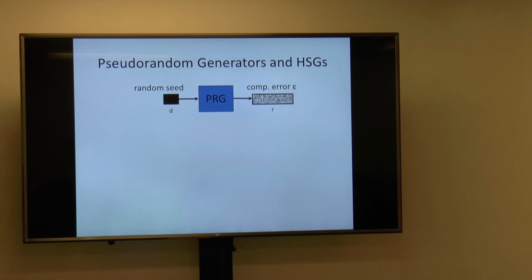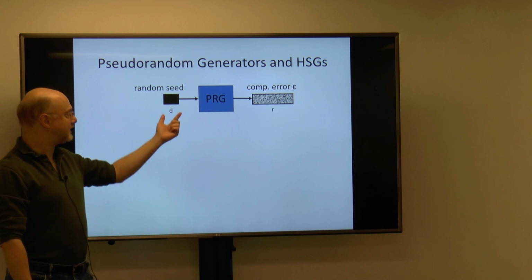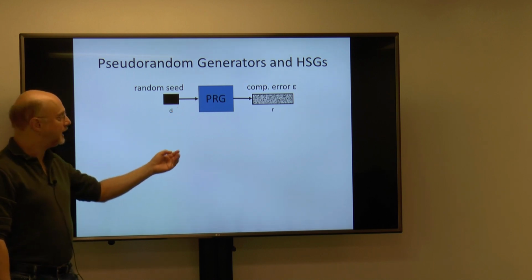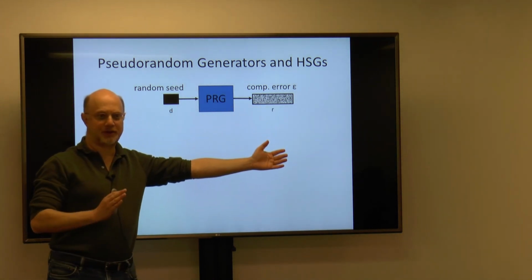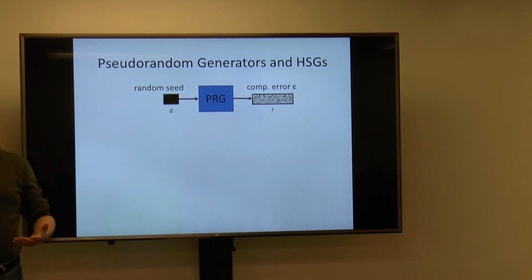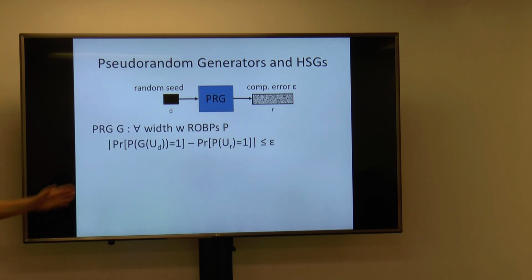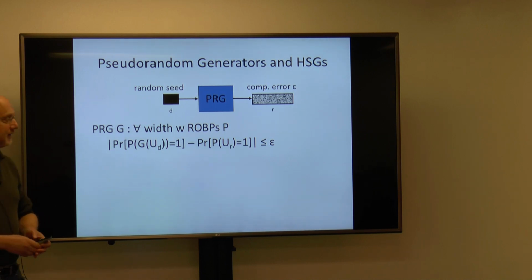A very natural way to try to de-randomize algorithms is to construct pseudorandom generators. A pseudorandom generator is a deterministic algorithm that takes as input a small random seed and outputs a much longer string that's hopefully random enough for whatever purpose you have at hand. In our context, we're interested in pseudorandom generators for read-once branching programs.